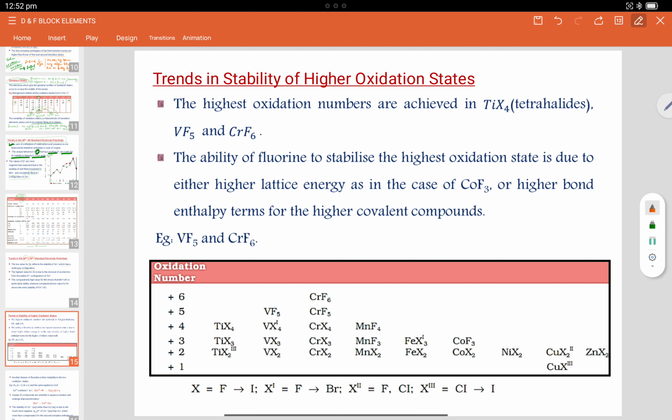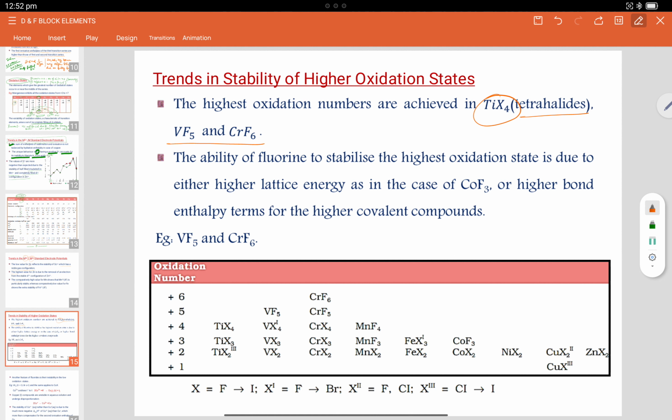Now the trends in stability of higher oxidation states. The highest oxidation numbers are achieved in the tetrahalide TiX4, like VF5 and CrF6.